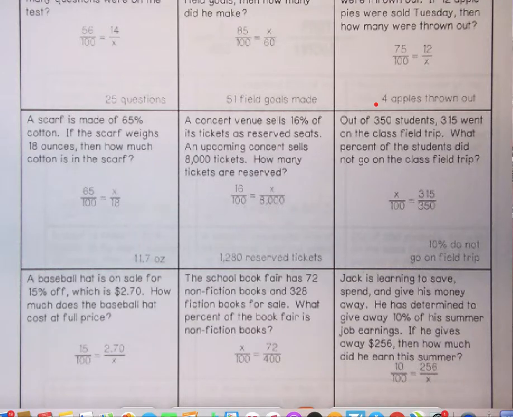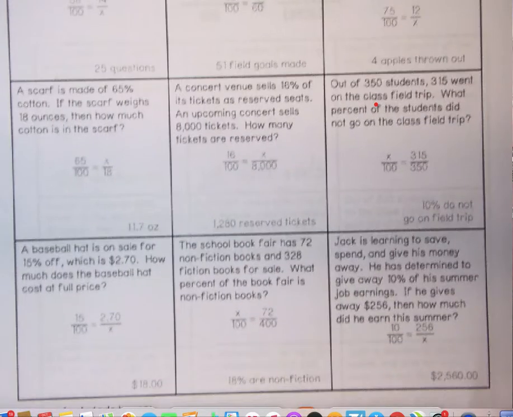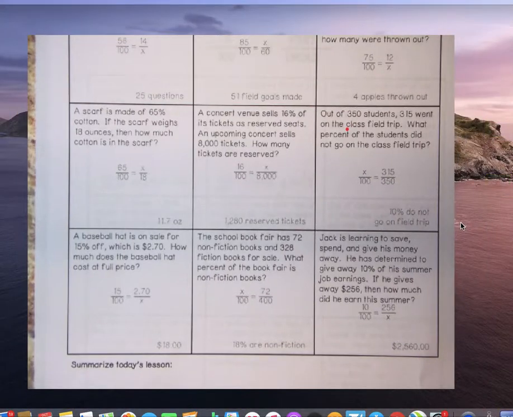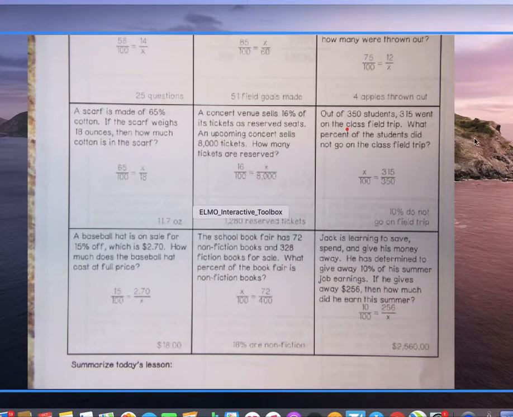If 10% don't go, then 90% do go. Last row, bottom row, $18. Then 18%. And then the last one, $2,560.